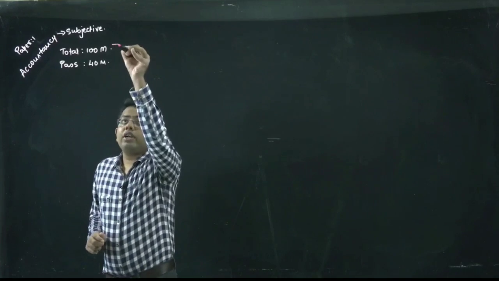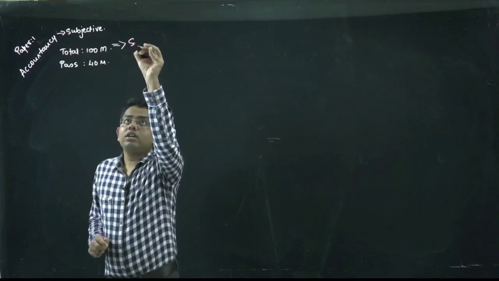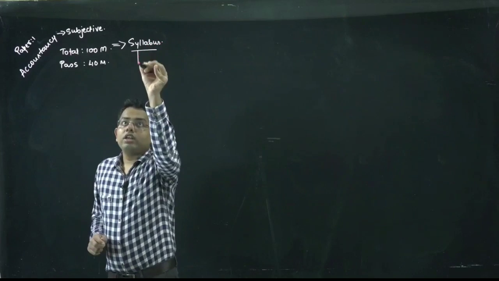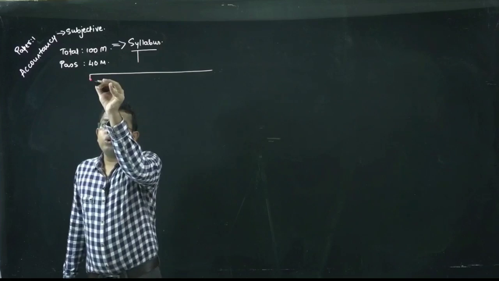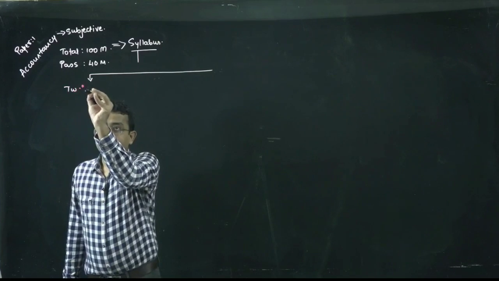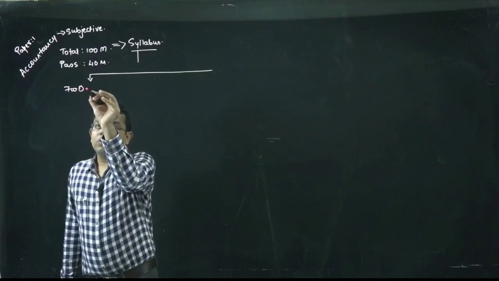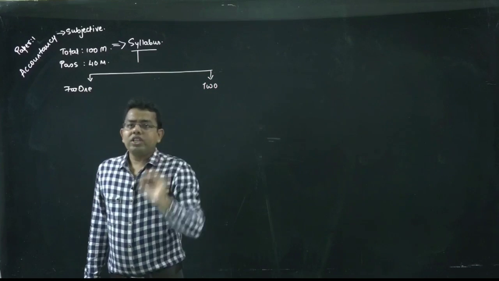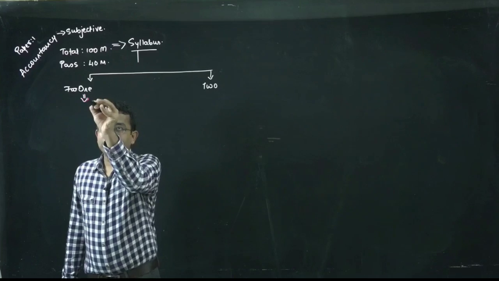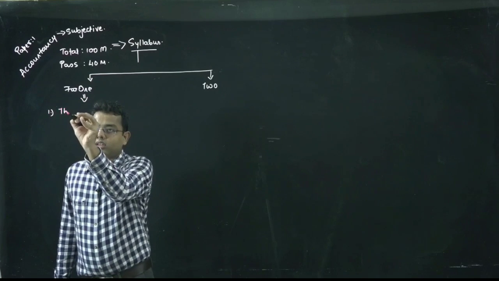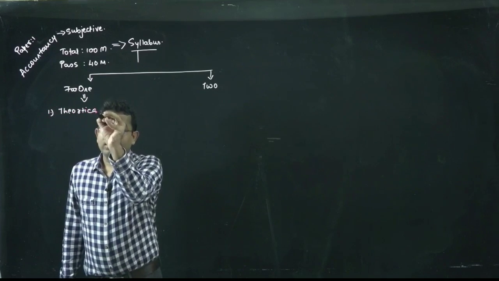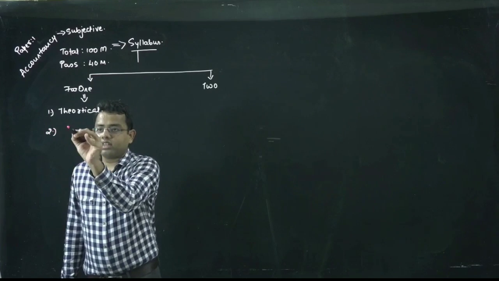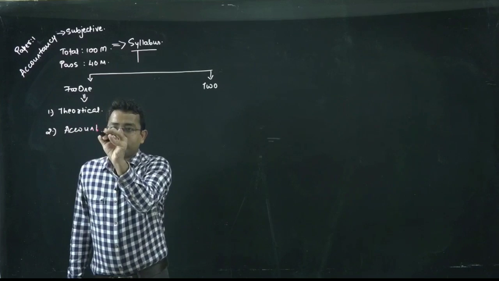Let us discuss a bit regarding what will be the syllabus for foundation. Your module is divided into two parts, 1 and 2. One has certain basic chapters, the theoretical framework. Second, the accounting process.